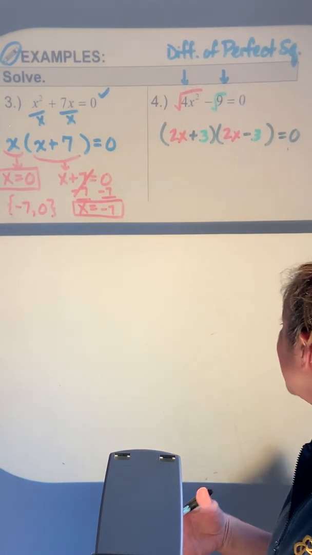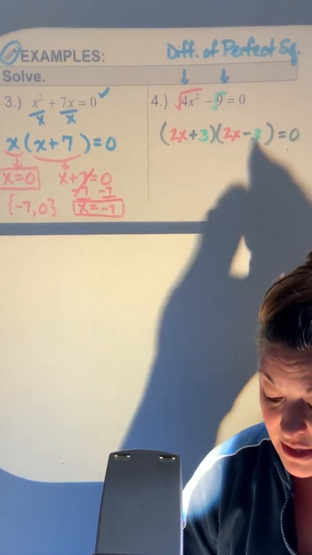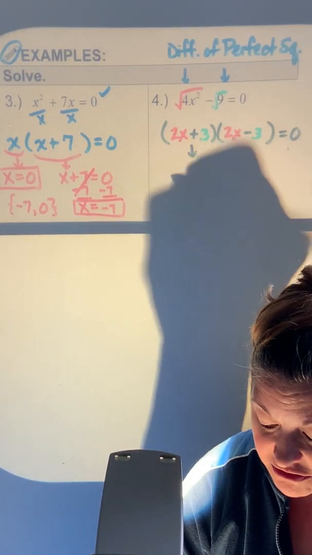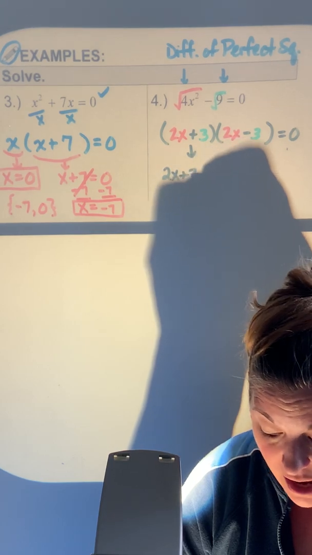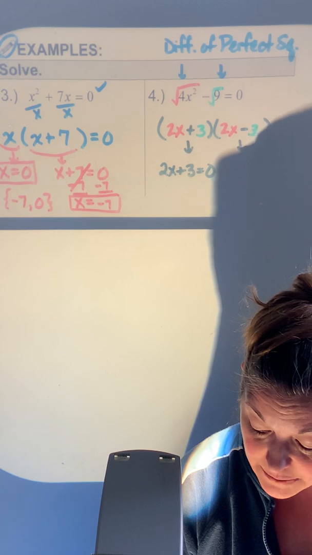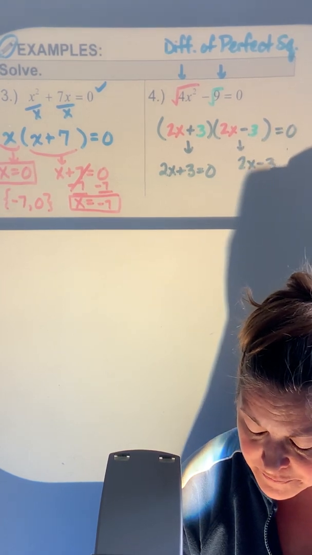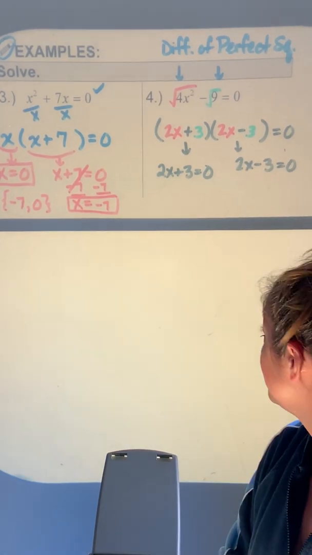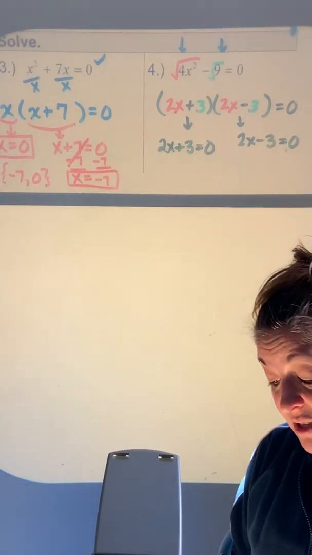Now we're going to use that zero product property, which tells us to take your first piece, that entire thing, set it equal to 0. Take your second piece, that entire thing, and set it equal to 0. Use your inverse operations.